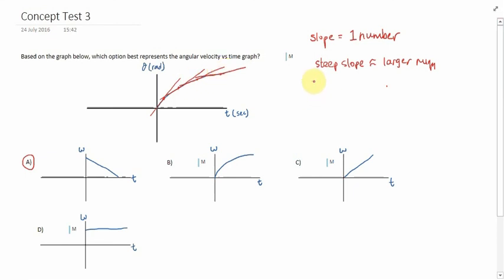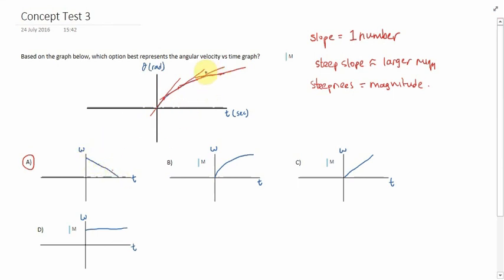So steepness gives you an idea of the magnitude of that number, the size of that number. So initially it must have been a high number, and then it constantly starts to decrease.